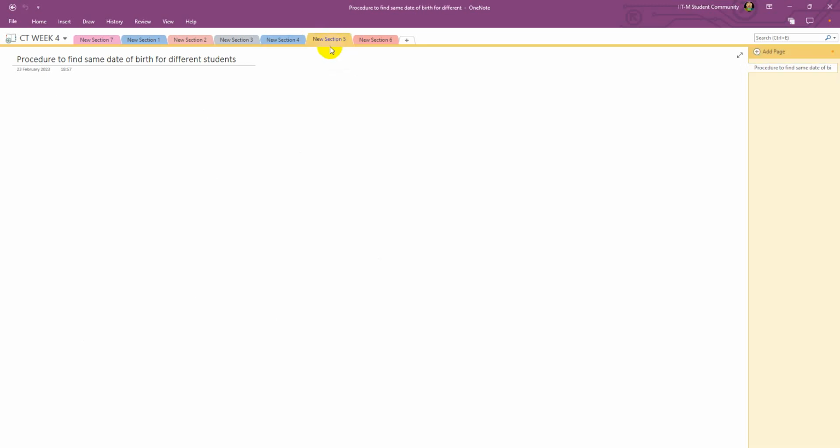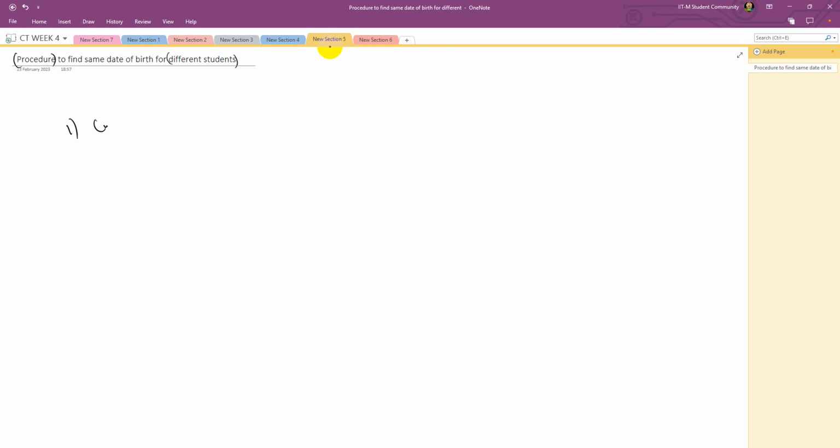And now, the procedure to find out the same DOB for different students. Different in the sense of in a class or in a university. That is how different students are meant. So what do we do in this case? I'll just tell you the procedure for this.